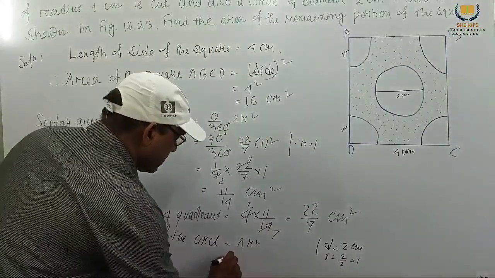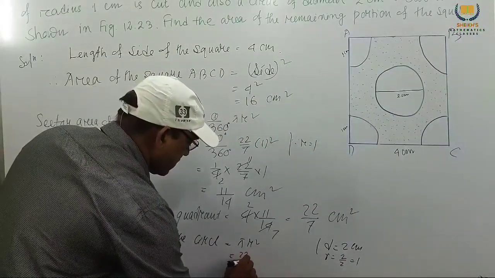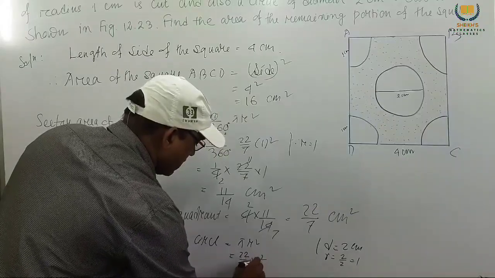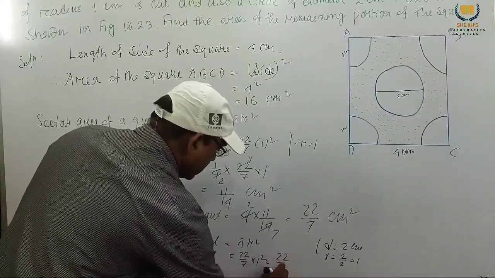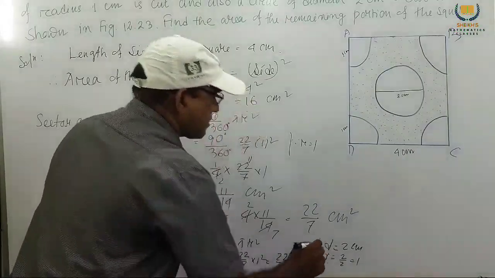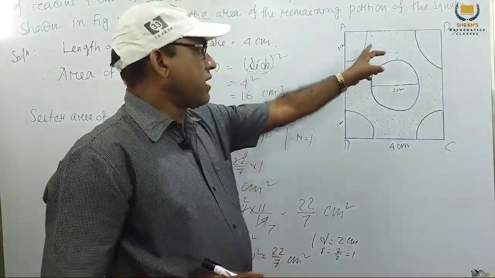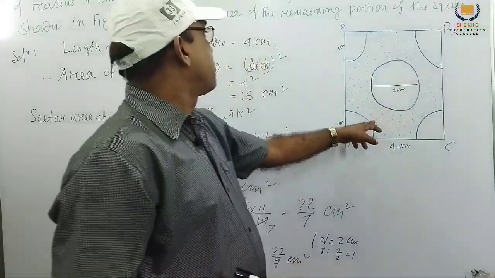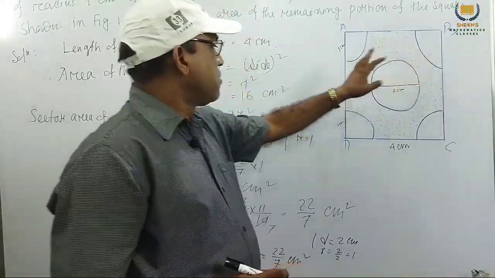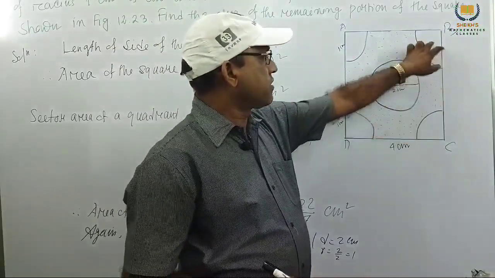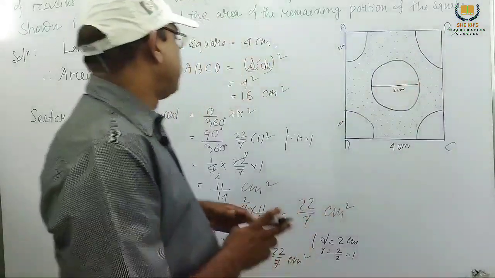Pi means 22 by 7, r is 1. So this is 22 by 7 centimeter square. Area of the circle is this. Now actually our requirement is the area of the shaded portion. The remaining portion means we subtract the area of the four sectors and the area of the circle.